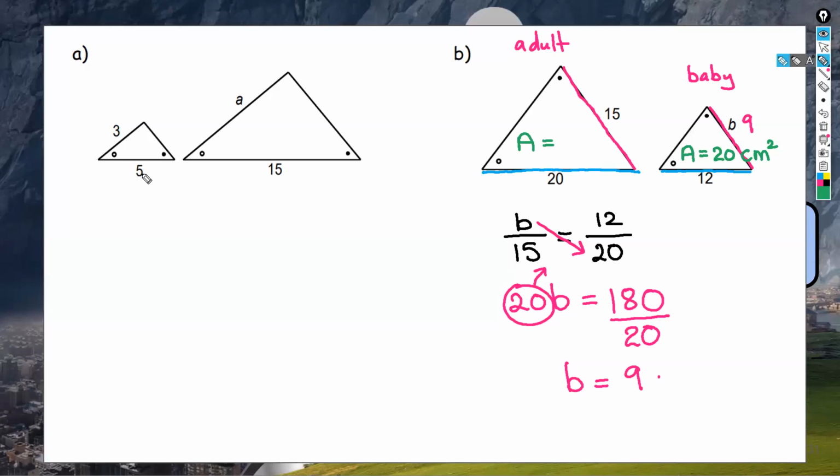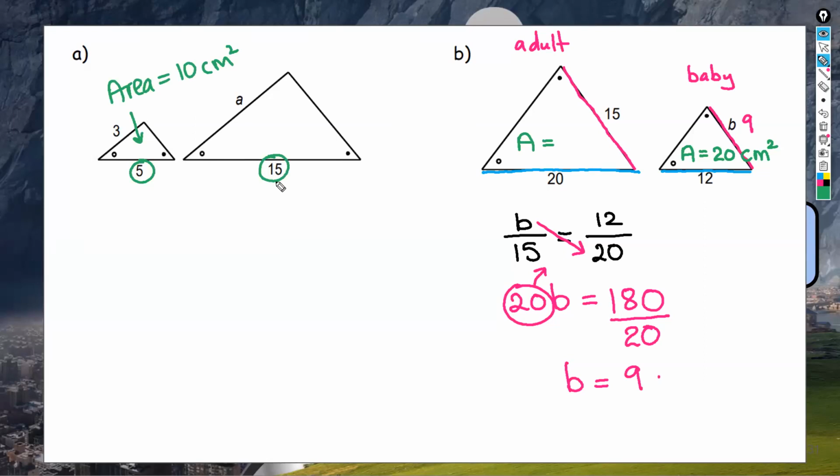In part A, remember, let me just say the area of this one was 10 centimeters squared. We had to ask ourselves how many times larger it got. If you have 5 and 15, we know it got 3 times larger.